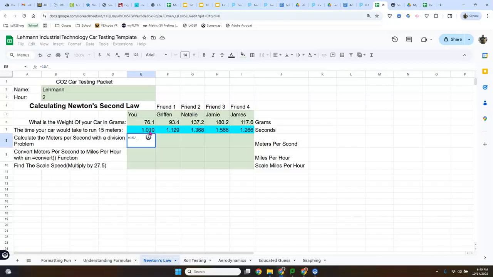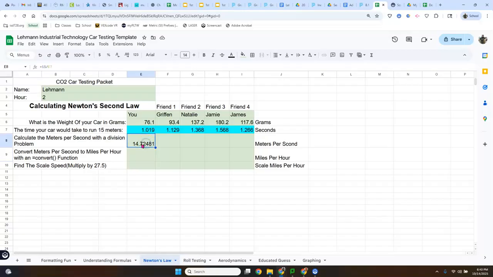So that'd be E7. And E7, once again, is telling us how fast our car is going to run in 15 meters. And we hit enter.